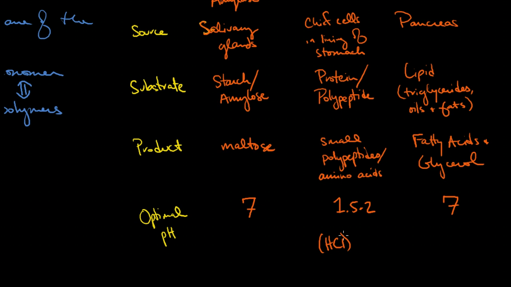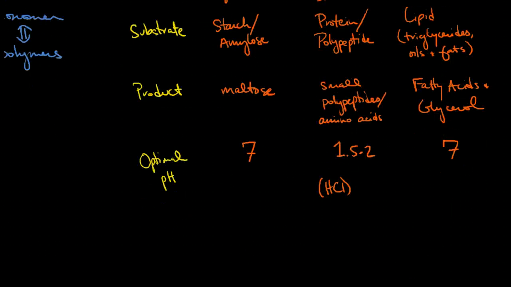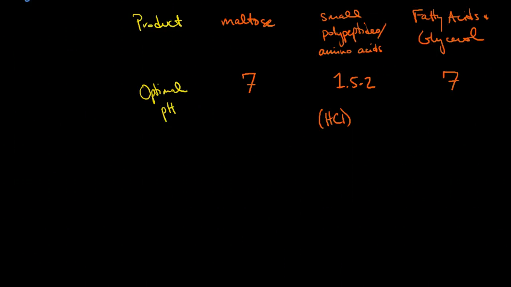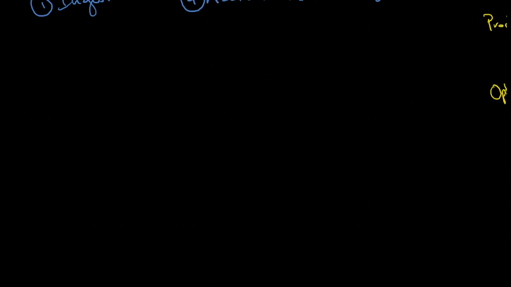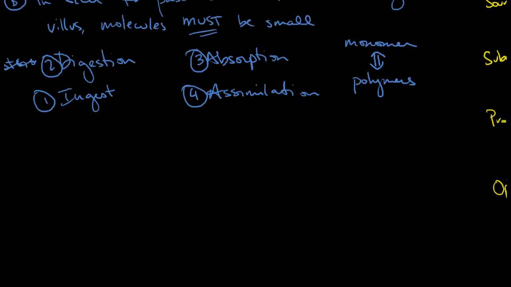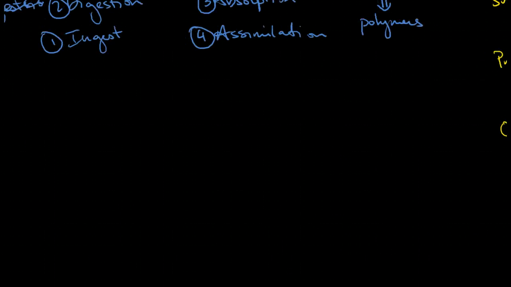All right, so the next thing that you need to be able to do is draw the digestive system, which I'm not going to do because there's another podcast on drawings. So let's talk about the key functions of some organs in the digestive system.